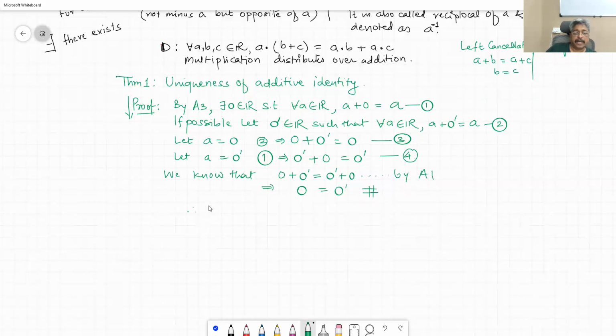Therefore, additive identity is unique. Theorem number 2. Uniqueness of multiplicative identity.